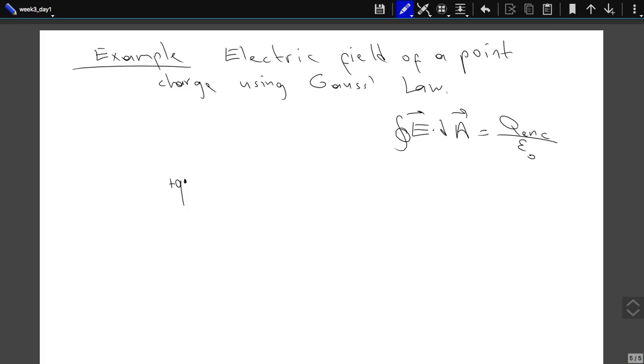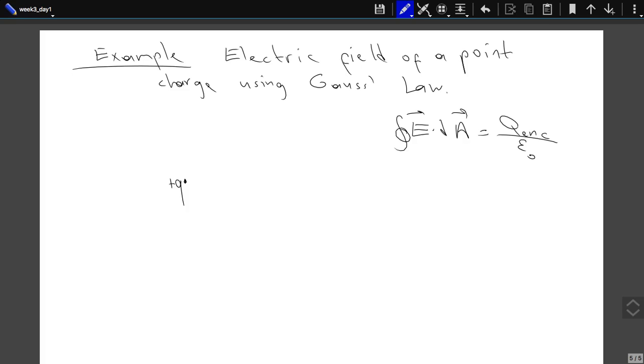So there shouldn't be any difference in the electric field created by the charge. If you look at it from the bottom or from the top, you should see exactly the same thing. So the electric field should also have the same property.